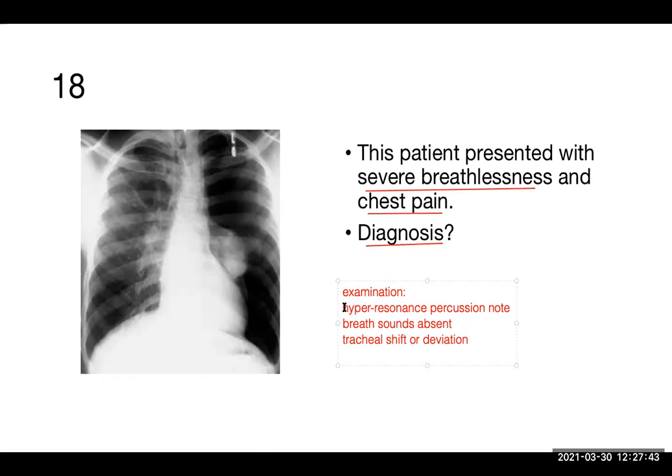On palpation, I can confirm that the chest wall is not moving. Then I can confirm the trachea is shifted to the opposite side. There is a Trail sign present. Trail sign means the sternocleidomastoid muscle is prominent on the side where the trachea is shifted.